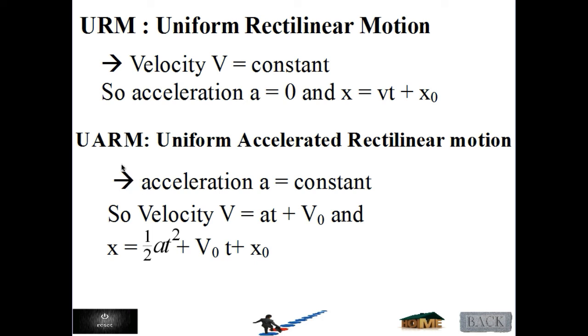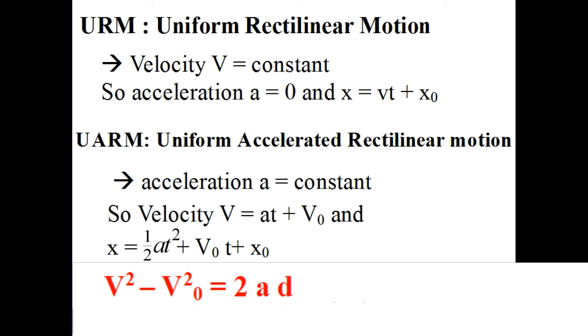Again, I will say these formulas are applicable for uniform decelerated rectilinear motion, the same. And we can say uniform varied rectilinear motion instead of accelerated, because for both decelerated and accelerated we say uniform varied rectilinear motion. And the last formula, v square minus v0 square equals 2ad, also applies for uniform accelerated and uniform decelerated rectilinear motion.